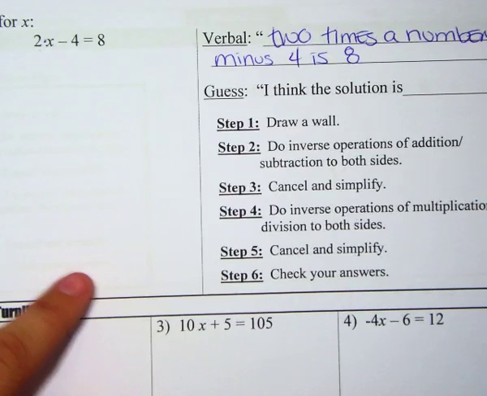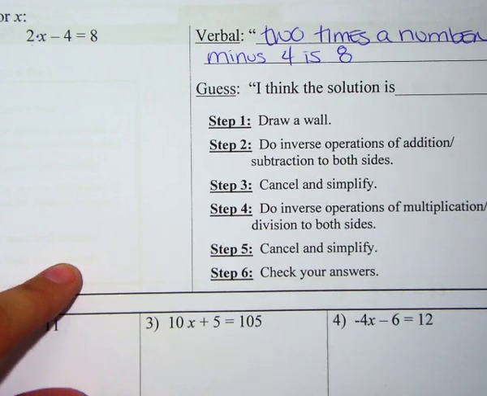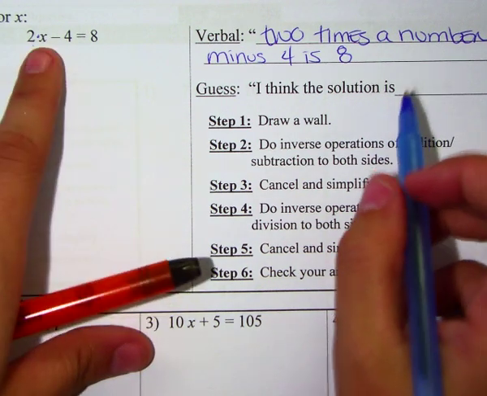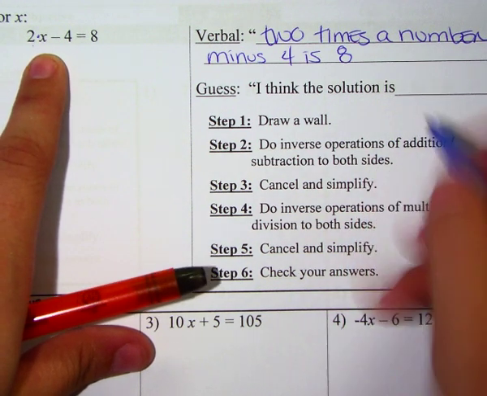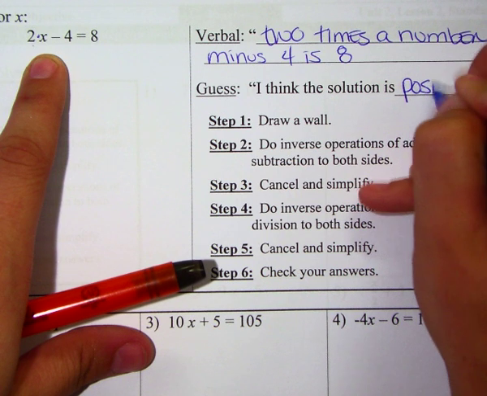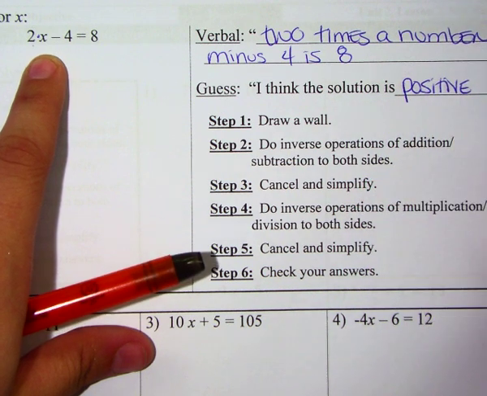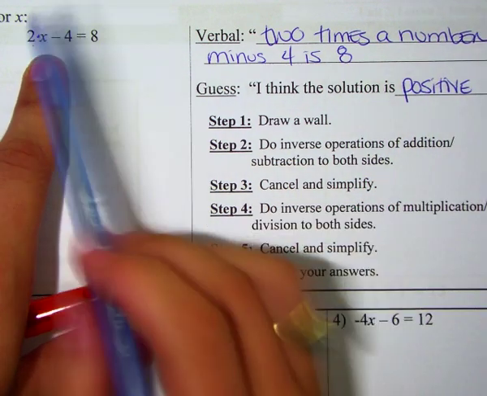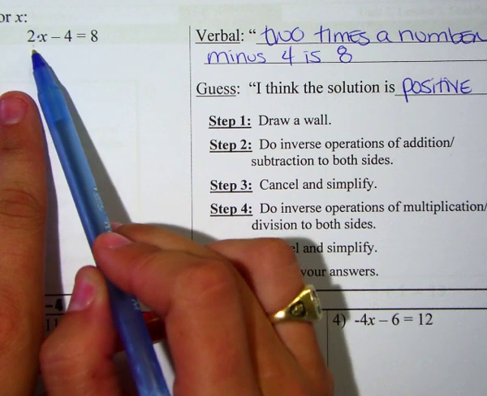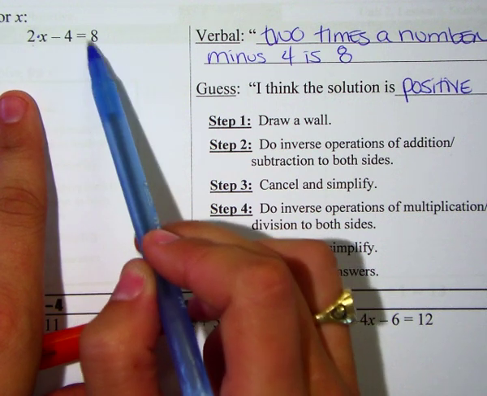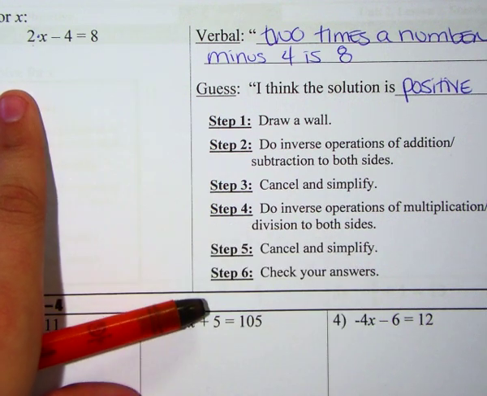Okay? And then you need to guess what the solution is. I think the solution is, and taking a look at this, I'm just going to say that I think the solution is positive. I don't actually know what the number is, but at least I think that it's going to be positive because I know that this needs to be a positive number to then subtract from it to get a positive number. So I'm going to go with that.